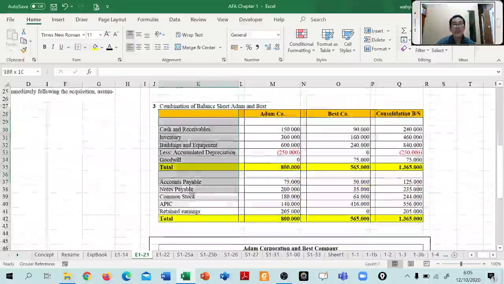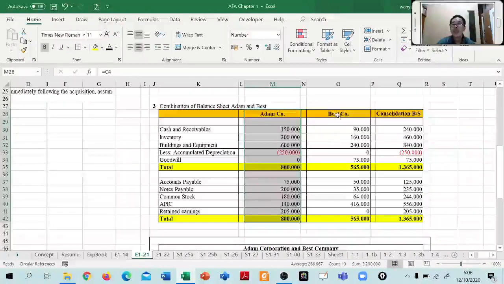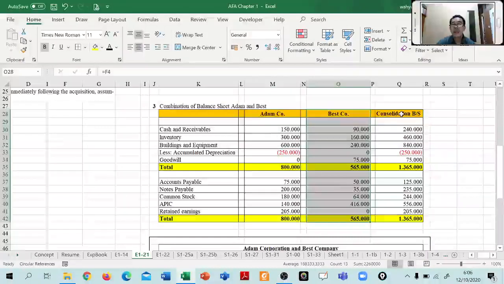First is account, second column is Adam company, the third column is Best company, and the last column is the consolidated balance sheet between Adam and Best company, or the combination of Adam and Best company.